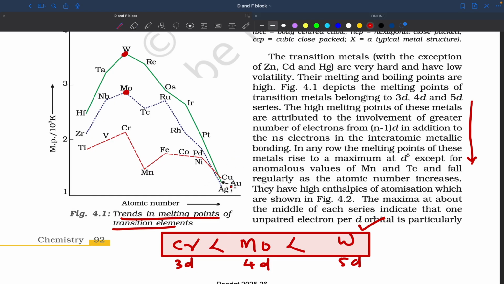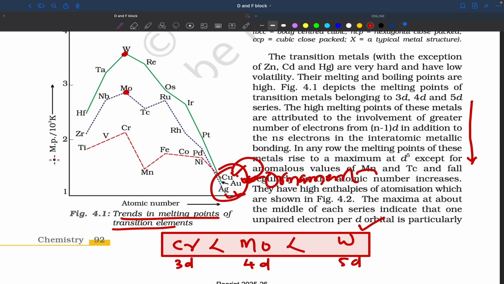So look at the copper position, it is almost the lowest, that's why these three elements, copper, gold, silver, are the ornamental elements, right? So gold ornaments are sold, silver ornaments are also sold, and copper is mixed with the gold and silver to make a solid solution.